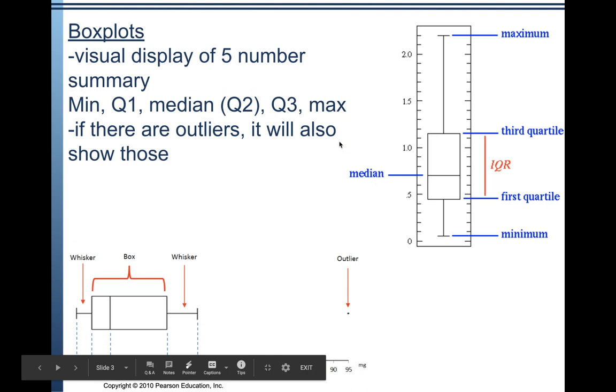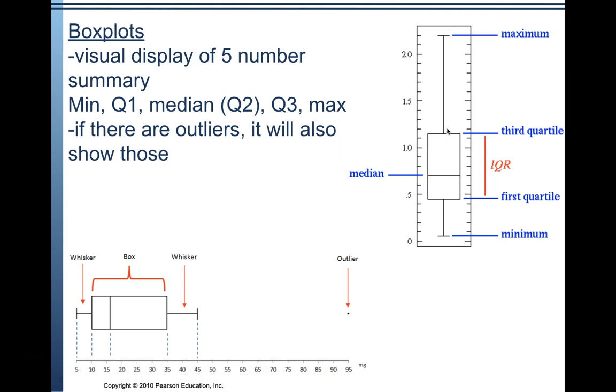And the way we construct a box plot, notice that the start of the box is at your Q1, and the end of the box is at your Q3, and your median is in the middle of the box.